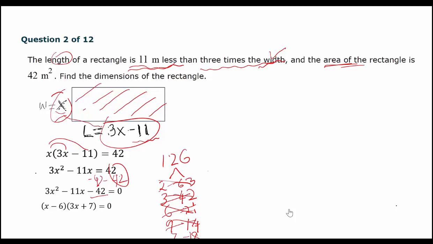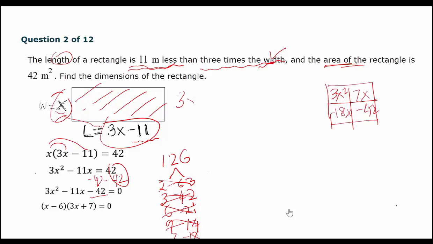So then what we have here is 3x squared. And as I showed you, I just built a house for this one. The first room has 3x squared, and the last room here is negative 42. Then for the middle two, it doesn't matter which one you use, you can write 7x here and negative 18x here.